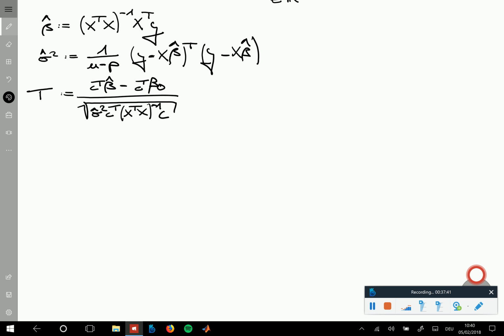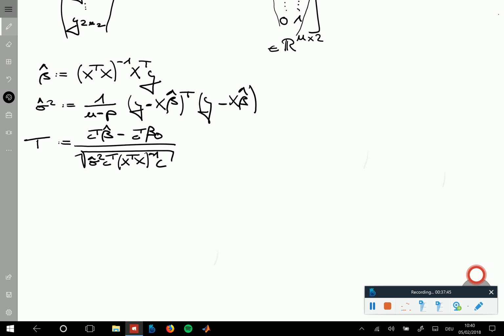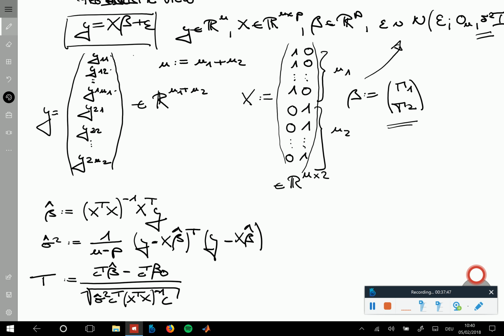The nice thing about the two-sample independent t-test is that the design matrix is quite simple. It only has two columns, it has n rows like always, and then it has this form.